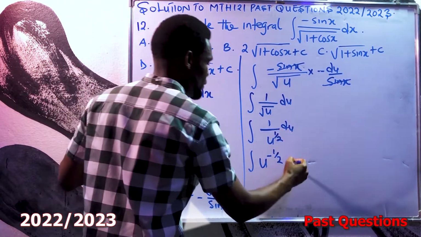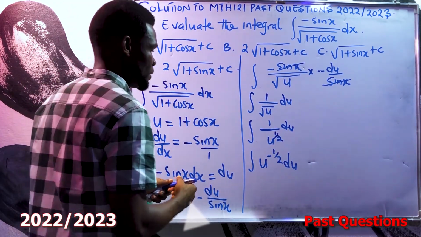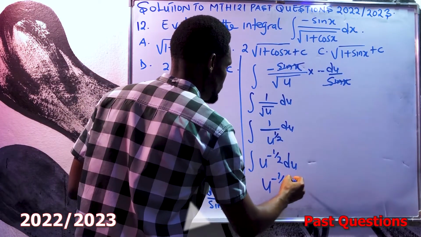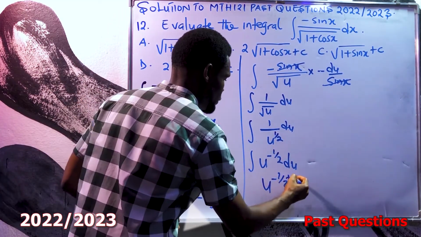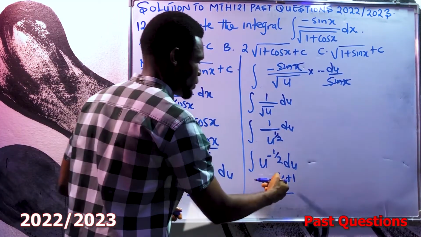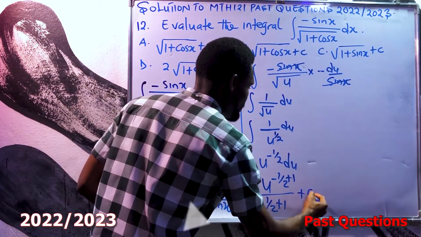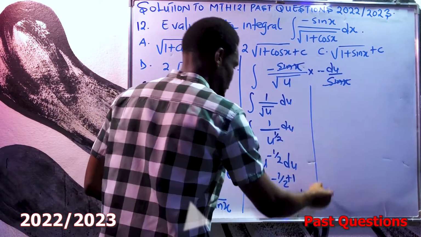So then du. Now don't forget how to integrate. You have u raised to power minus 1 over 2. Remember, you add 1 to the power. So this is u raised to the power plus 1, all over the new power, which is minus 1 over 2 plus 1, plus c. At that point, you are done integrating. You just need to simplify the fractions there.